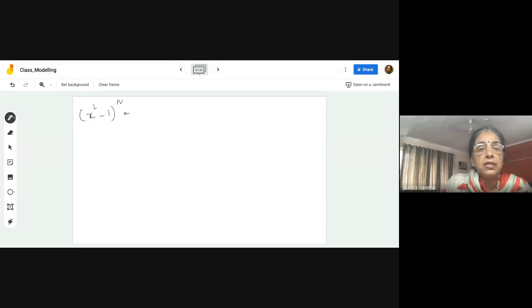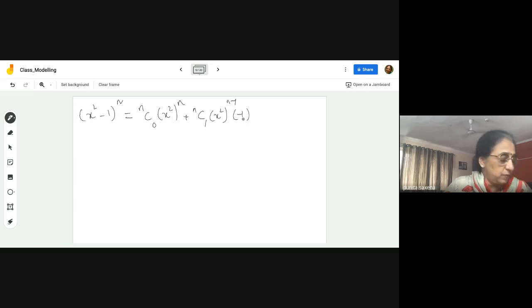See, what is x squared minus 1 to the power n? If you use the binomial expansions, then it's going to be nC0 x squared to the power n. Yahi hota hai na? It's like a plus b to the power n, right? So plus nC1 x squared to the power n minus 1 into minus 1, plus nC2 x squared to the power n minus 2 into minus 1 square, and so on and so forth.